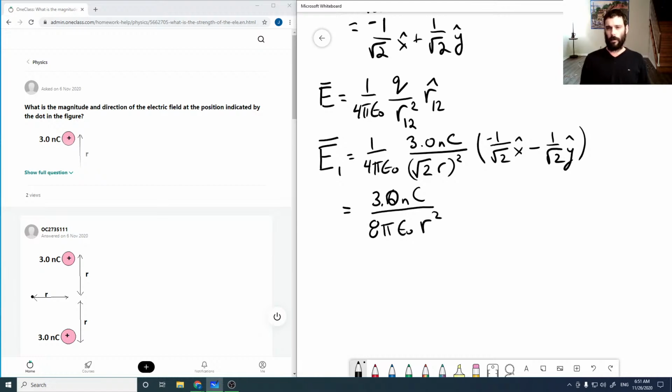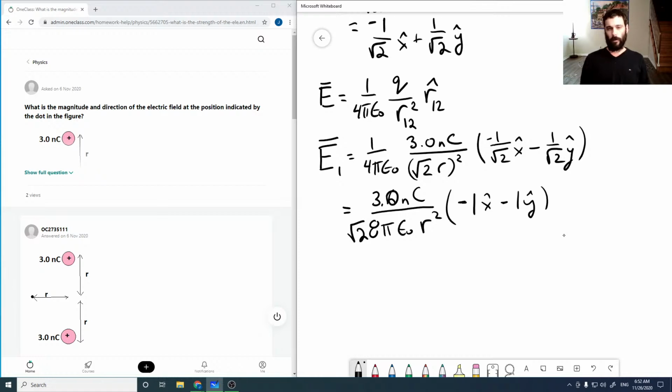So that's just this piece. I might as well pull the root 2 out just for simplicity here, throw the root 2 out front. And then this will just be minus 1 x hat minus 1 y hat, like that.